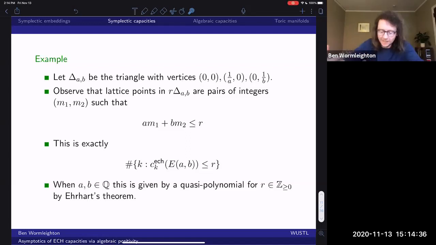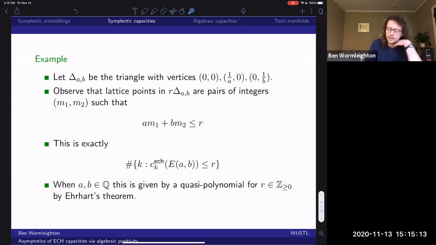Observe that if you scale this triangle up by a factor of R, the lattice points, the integral points inside this scaled up triangle, are exactly pairs of integers such that A m1 plus B m2 is bounded above by R. It's just a combinatorial problem. However, these A m1 plus B m2 are exactly the N_k(A,B), or the ECH capacities of the ellipsoid. So this number of lattice points is exactly the number of k such that c_k^ECH is bounded above by R.